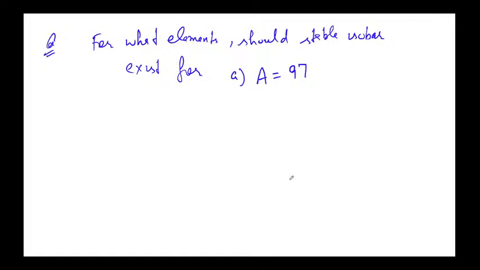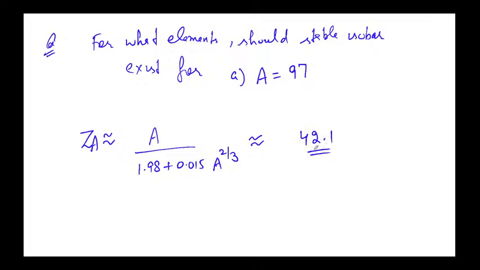In this case, you can calculate ZA in a similar way, that is A over 1.98 plus 0.015 times A to the power 2 by 3, and you can calculate the value of Z from here, and it comes out to be 42.1.